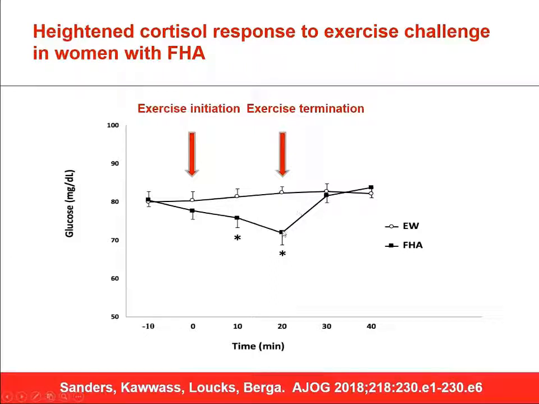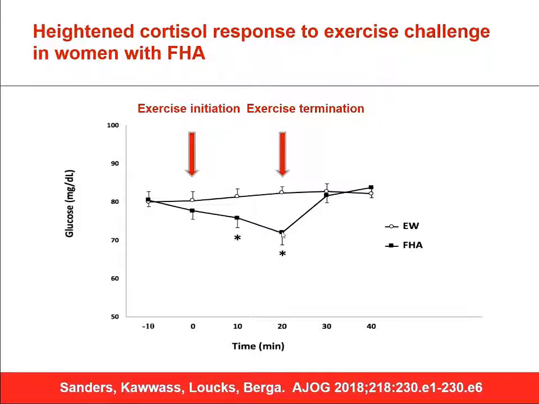But if they exercise for longer than 20 minutes, it's hard to know how low the glucose level would go. And that would probably, as we showed before, activate the hypothalamic pituitary adrenal axis to a greater degree, leading to greater suppression of the thyroidal axis and greater suppression of the hypothalamic pituitary gonadal axis.